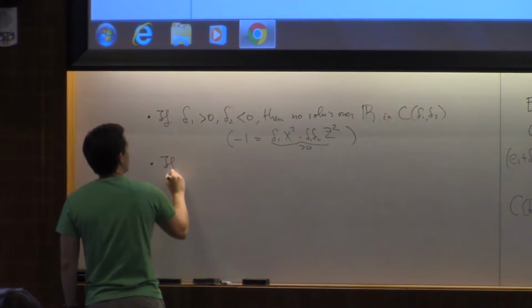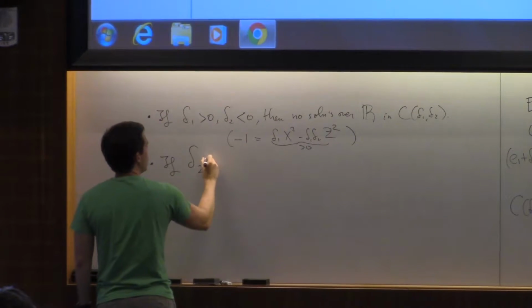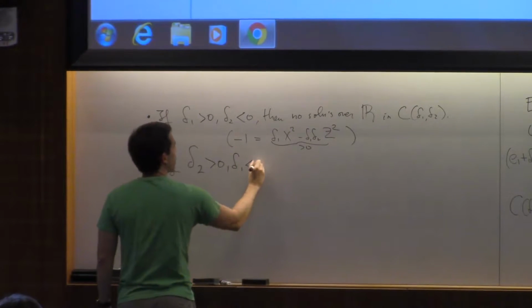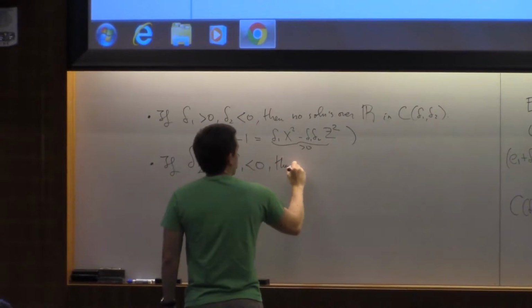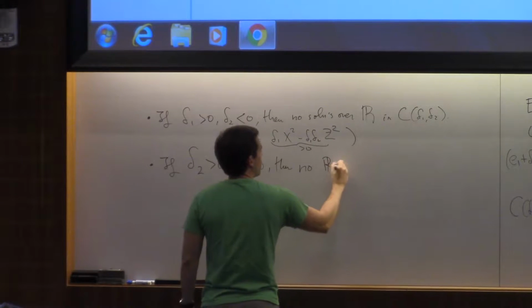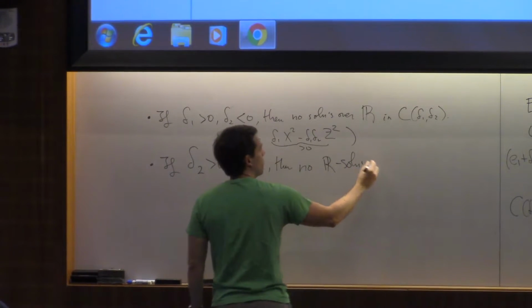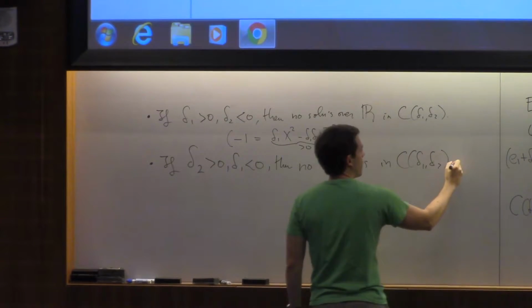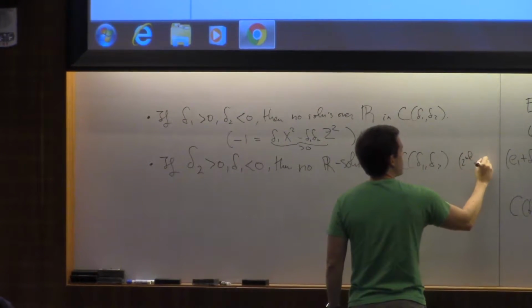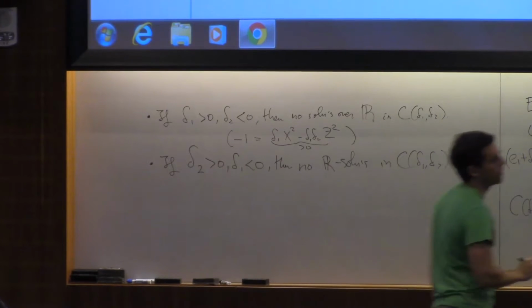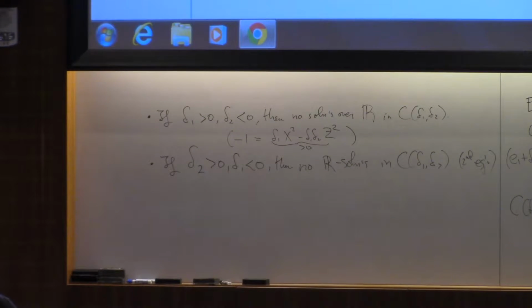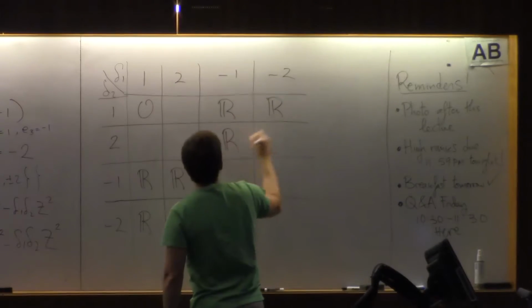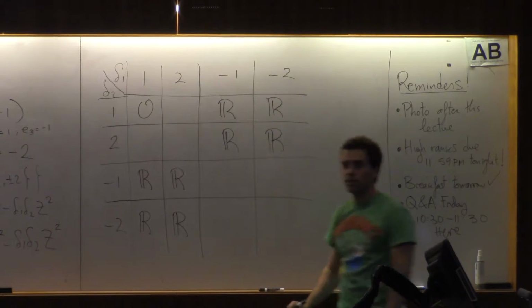And if delta 2 is positive and delta 1 is negative, then no real solutions in the second equation. Okay? So I can cross these out, and again I do that blaming the reals.